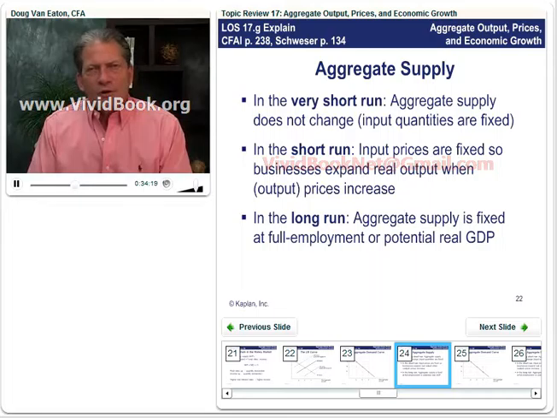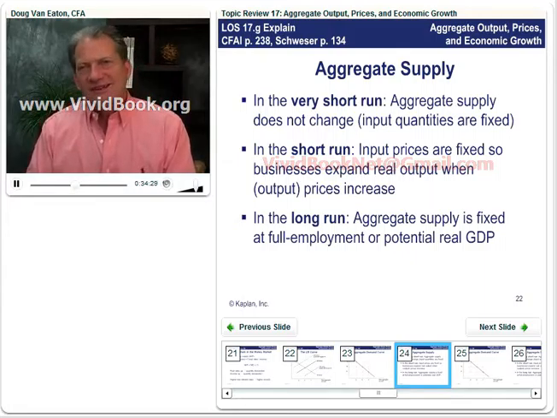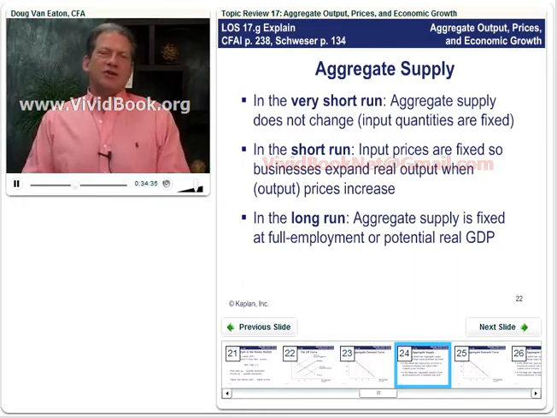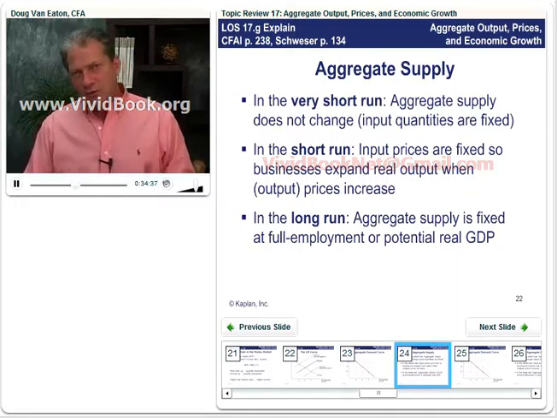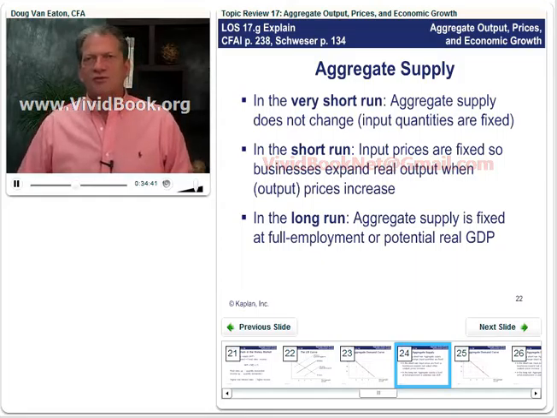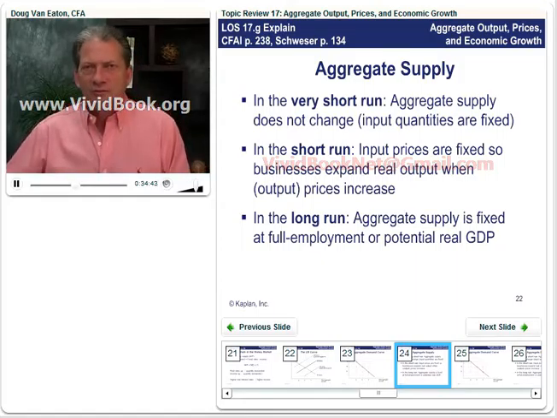Well, we're going to define the aggregate supply curve over 3 time horizons. In the very short run, aggregate supply doesn't change. Input quantities are fixed. Well, we're not concerned with the very short run. We're concerned with the short run and the long run. And how do we differentiate those in this model of the overall economy? Well, we're going to say in the short run, input prices are fixed, especially wages.